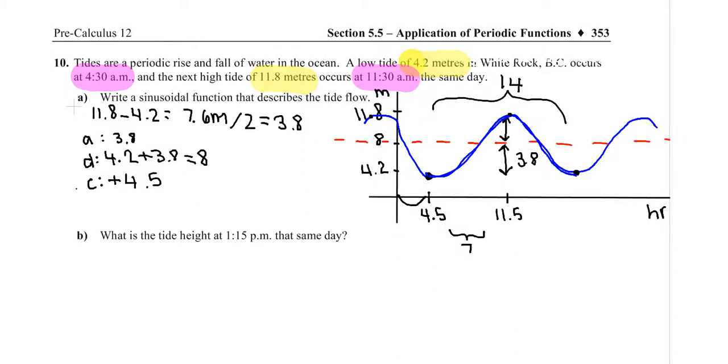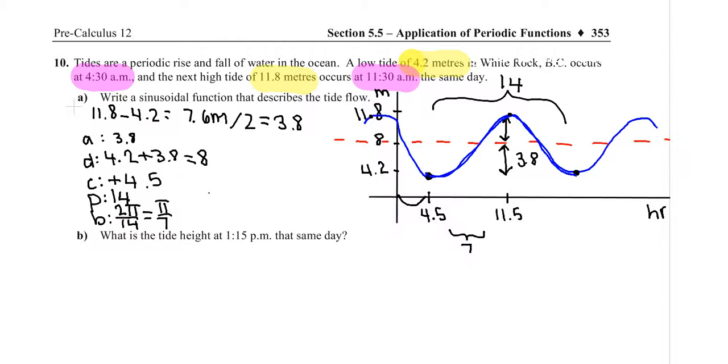So our P equals 14, and to obtain B, what you do is 2 pi, because that's a normal standard period, divided by 14, which simplifies to pi over 7. Okay, so now we have all of these, so we can write our equation.